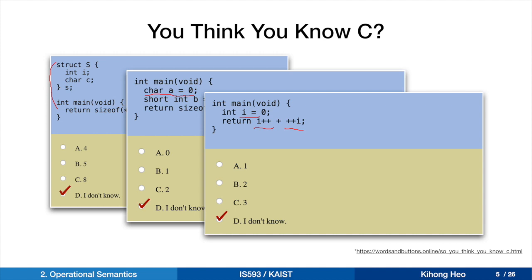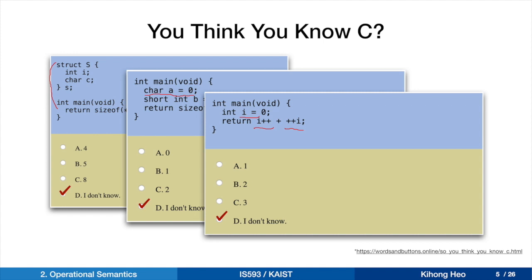But my point is that it is very important to understand the formal definition of programming language semantics when we write a program manipulation or understanding tool like an interpreter, compiler, or analyzer.